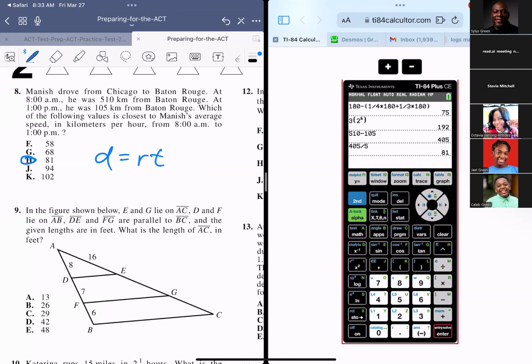Distance equals rate times time. So you would just do the distance is 405 kilometers, like we found out, because he goes from 510 to 105. And then over the time, which was 5 hours, and then you would also get 81 kilometers per hour.